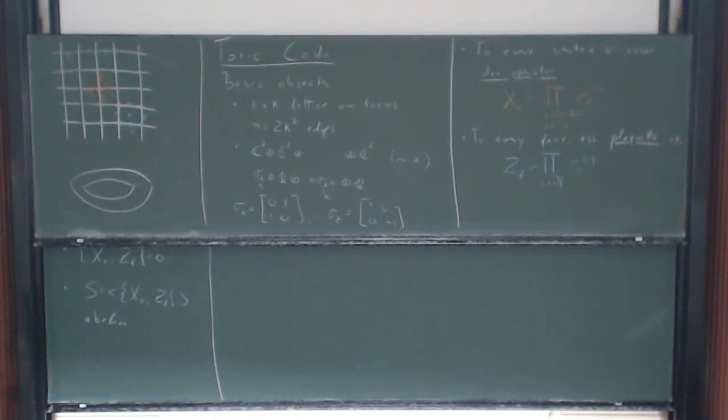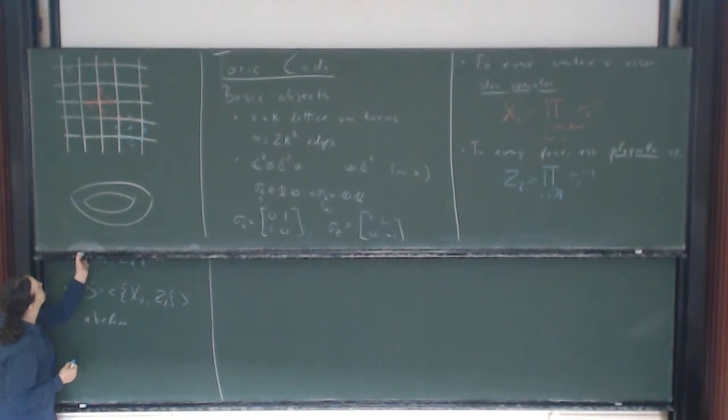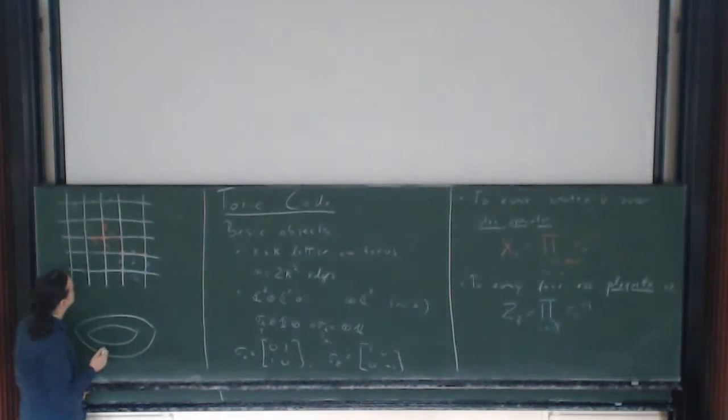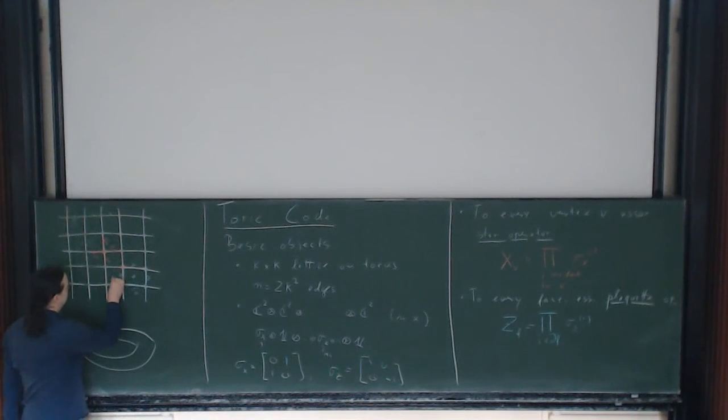And it's easiest when I multiply these operators. So what happens when, okay, so let's say I take some region here. So I'm going to multiply the plaquette operators associated to these plaquettes.